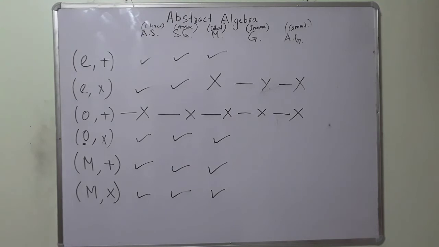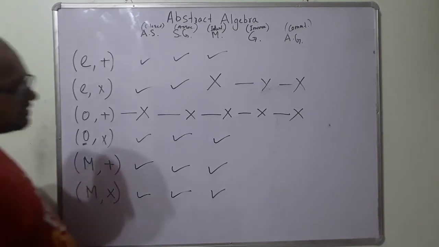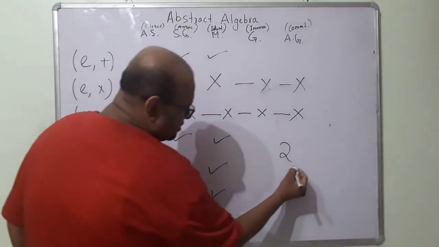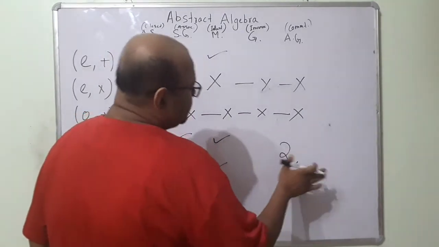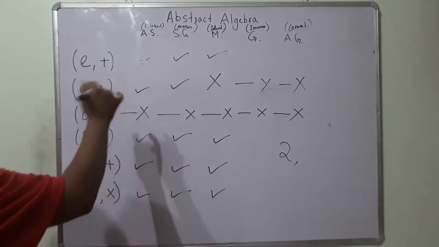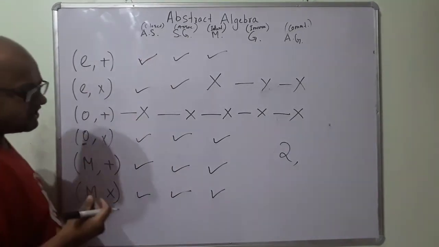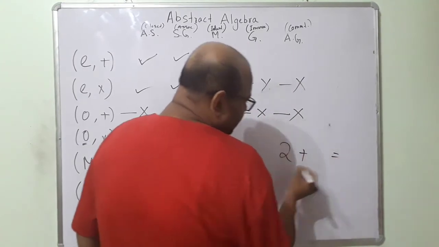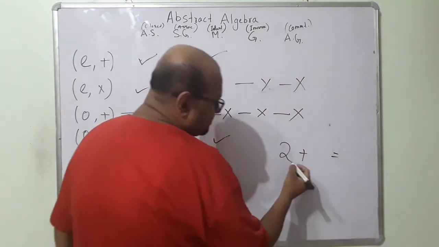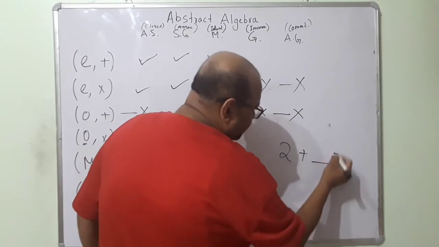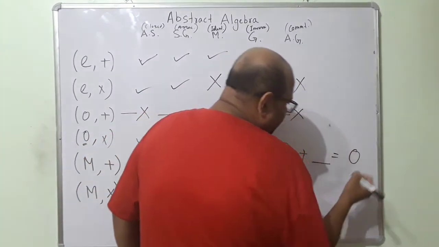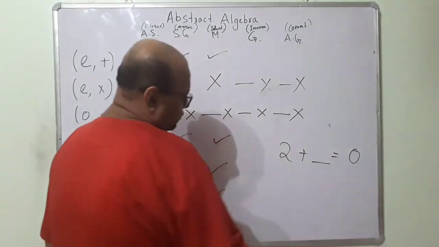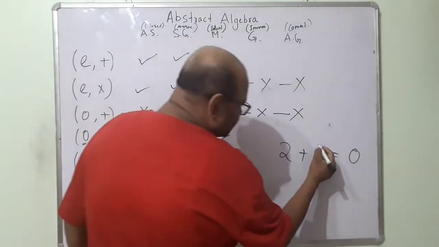Now here is the question. For every even number, does its additive inverse belong to the set? For 2, what is the number that when I add it with 2, I will get back the additive identity 0? In the case of 2, it is minus 2.